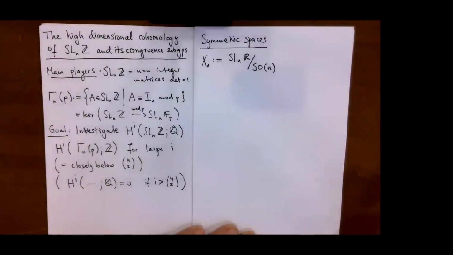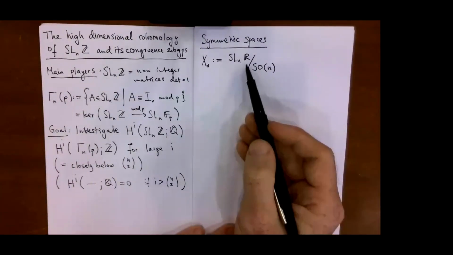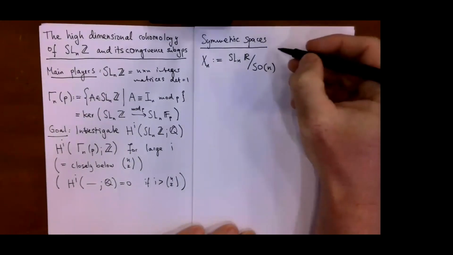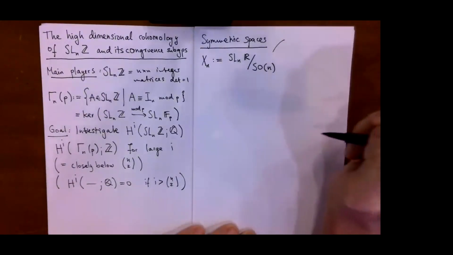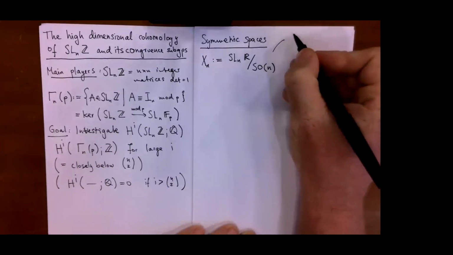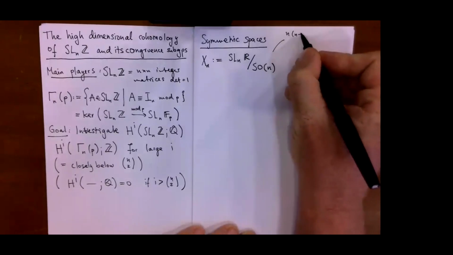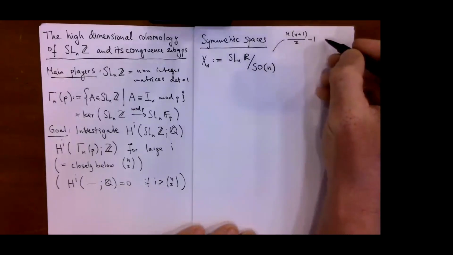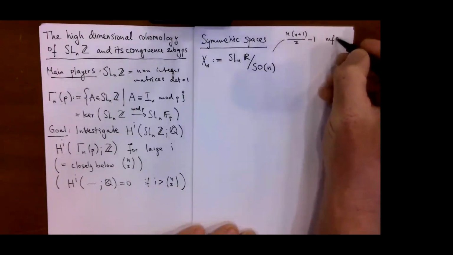But this actually is a topological space because we have a topological space on R. R is a topological space. And so this will actually give us a manifold. And more precisely, this will give us an n times n plus 1 over 2 minus 1 dimensional manifold.